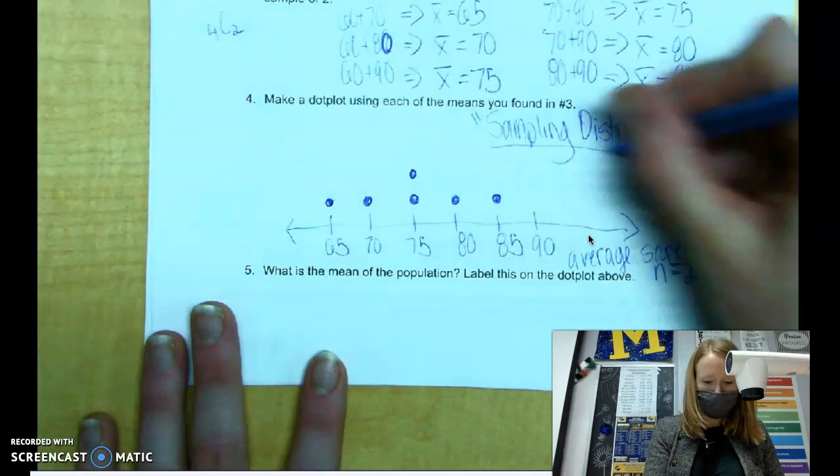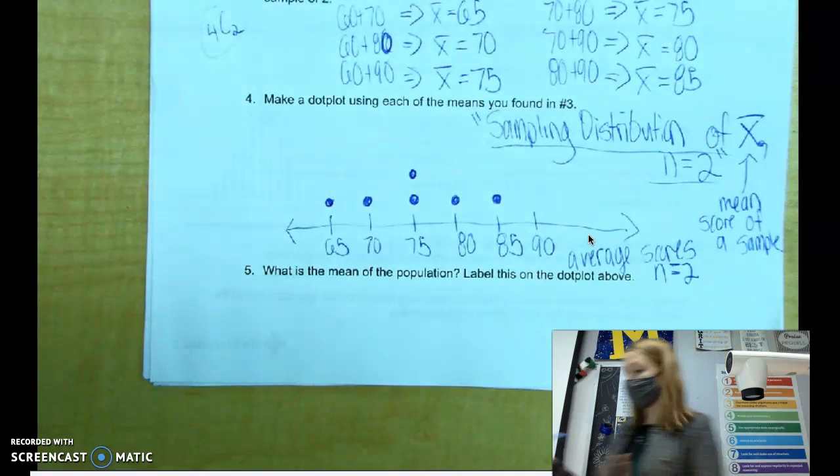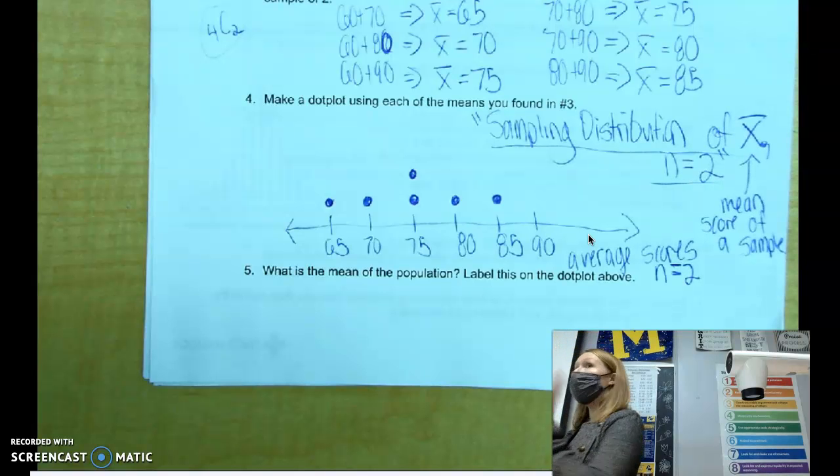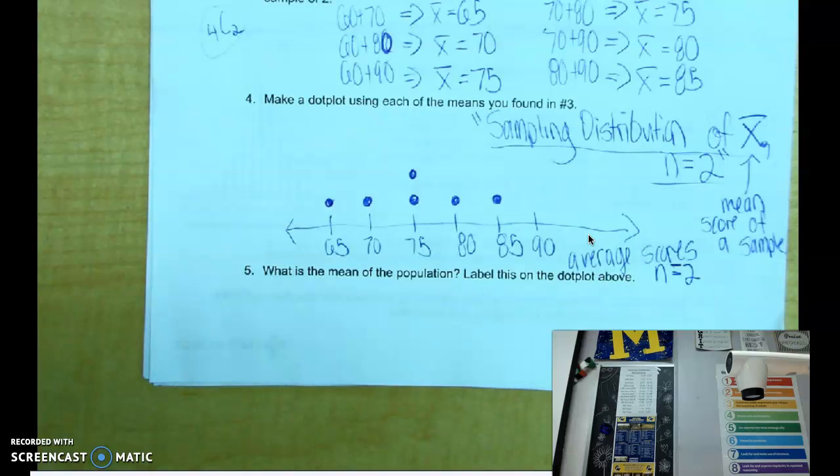So this is what we call a sampling distribution. The definition we're going to talk about in a minute is it's the distribution of all possible samples from your population of this size, right? We talked about these are the only 6 options if we're pulling 2 numbers from that population, right? So since we have all 6 dots on our distribution, that means we've covered our bases for all possible samples of size 2.